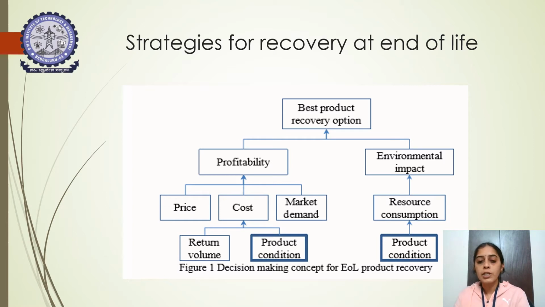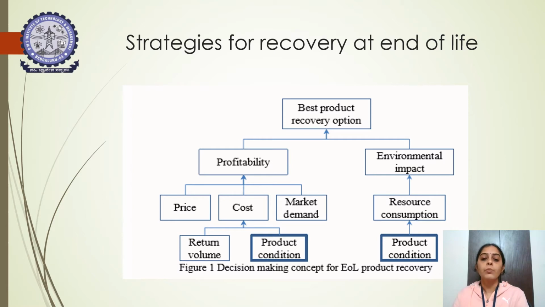What is the condition of the product when it is at the decline stage? What are the returns and the sales it is getting, and is it comfortable enough for the customers? Does the product have many customers or fewer customers, are the sales and returns more or less? Everything you have to check for identifying the condition of the product.